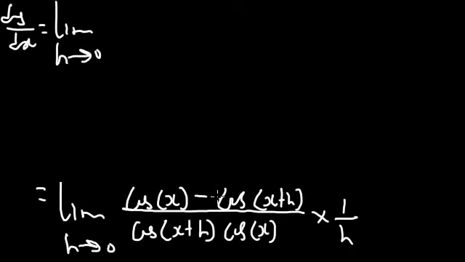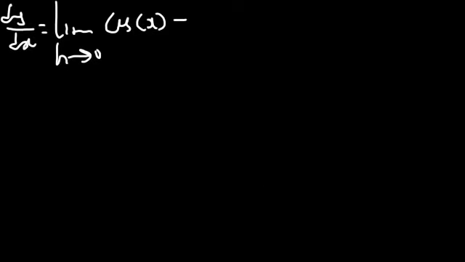Now we need to use some of our trigonometric identities to expand cosine of x plus h. So we have cos x minus, to expand cos of x plus h, we are using the compound angle formula. The one we are going to consider is that of the cosine.